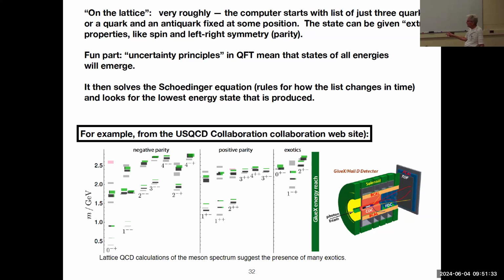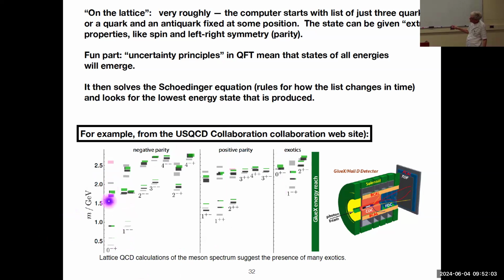Okay, good. So again, this is from the discussion of the lattice. Just remember we had this e to the minus mt, and when you really get serious about it, you can find a lot of m's. Not only can you find the existence of states, you can find their quantum numbers by looking for the right correlations at the beginning of your lattice evolution and the end. So you can get states with different parity quantum numbers, negative, positive, exotics.